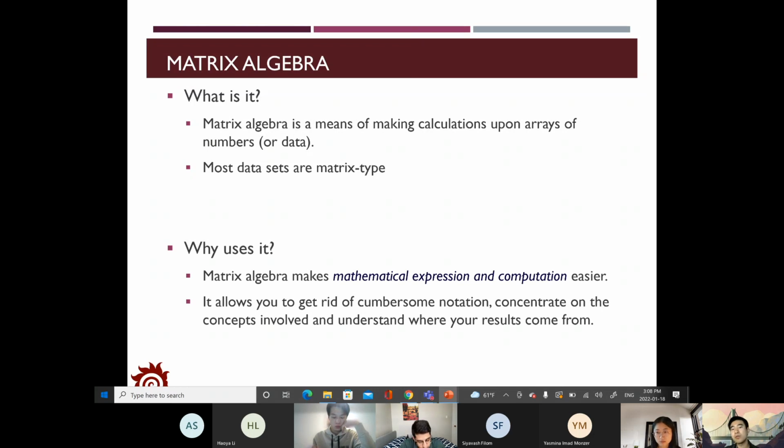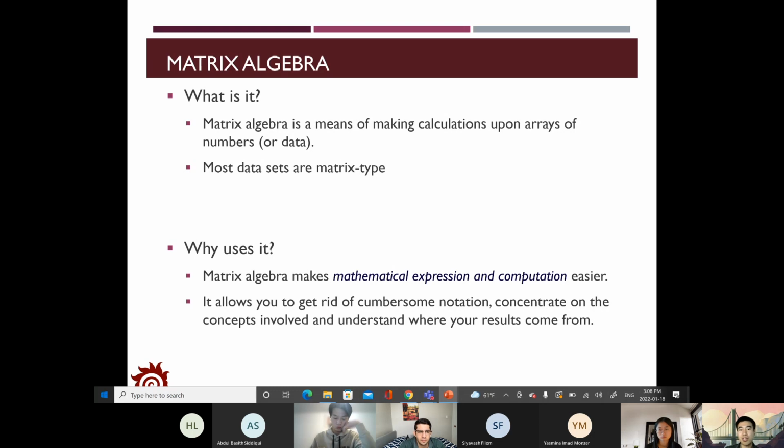This kind of algebra will try to simplify the calculations, and also it will make your expressions, especially expressions with a lot of variables, simpler and easier for others to follow. So with this, we can get rid of a lot of notation. Like if you have 10 variables, you don't need to write them from A1 to A10.